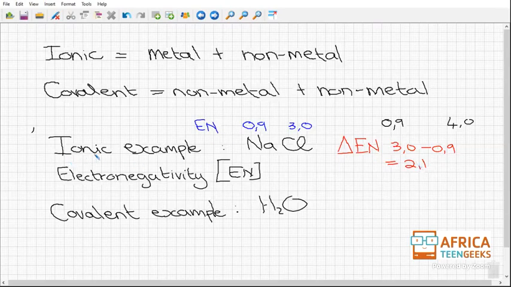And what do we know about ionic compounds? Do they share electrons or do they transfer electrons? Take a stab. Ionic, do they share or do they transfer electrons? Arthur says share. No, you don't need to do a calculation, Misty.